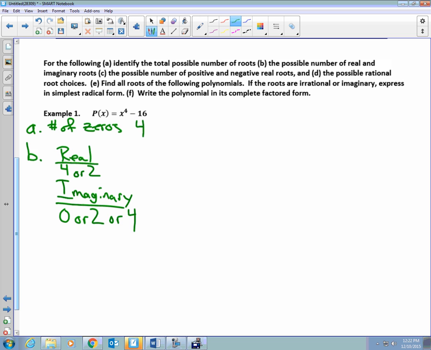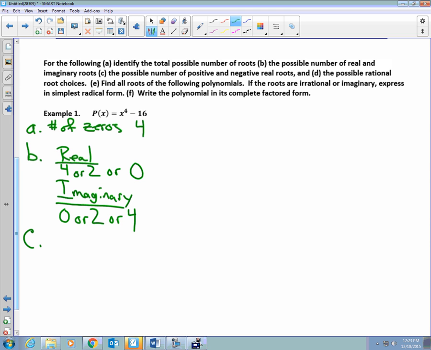If you did have 4 imaginary, how many real would you have? So you can see that you're either going to have 4 real and 0 imaginary, or 2 real and 2 imaginary, or 0 real and 4 imaginary. Got it? See how that works? They will always add up to? Yep.